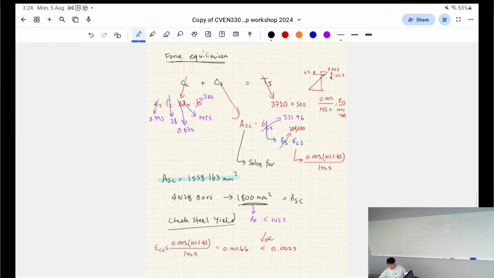We're just finding the middle energy. Yeah, I think that's the minimum compressive area we need.